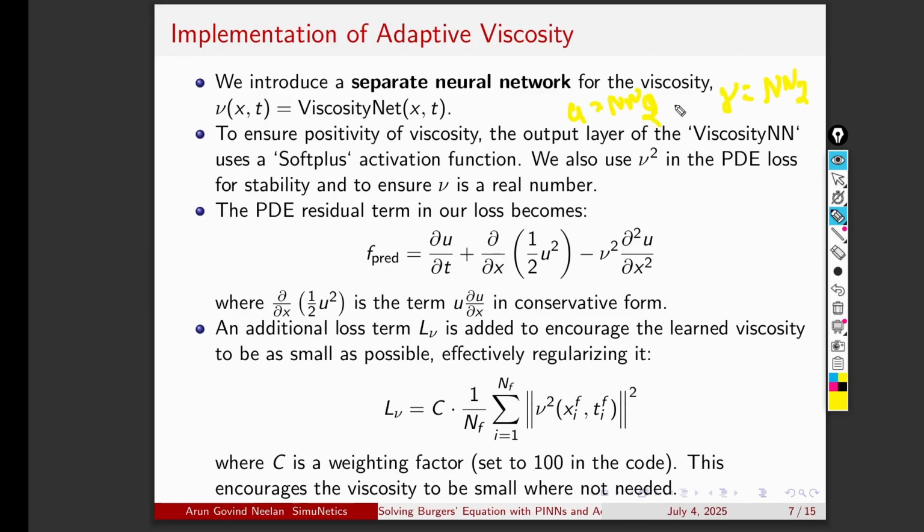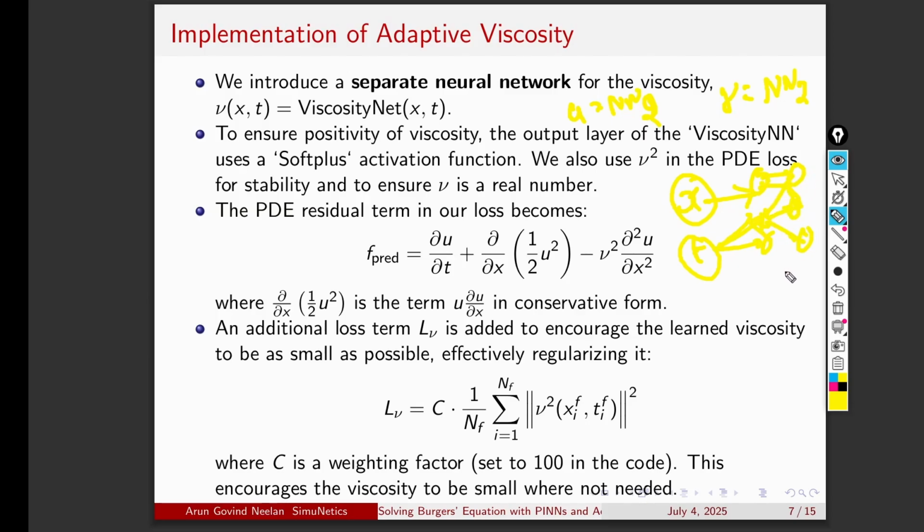Either you can use decoupled networks or you can make a single neural network. In this case, our input is x comma t and we have a neural network which has several neurons. I'm not drawing it well, I hope you can understand what it is. These are fully connected neural networks.